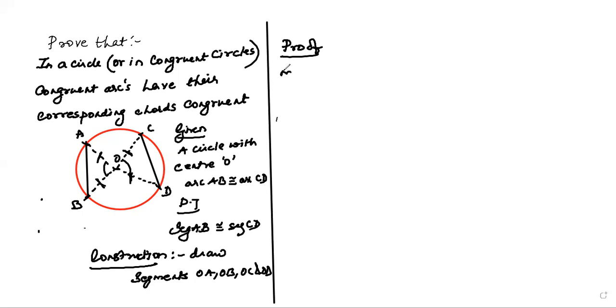Measure arc AB will always be equal to angle AOB. Measure arc CD will always be equal to angle COD, by definition.